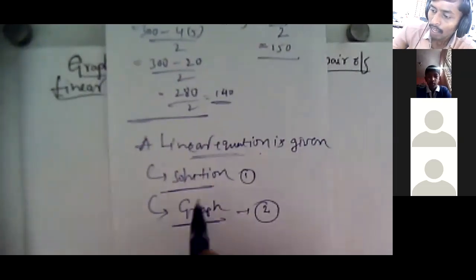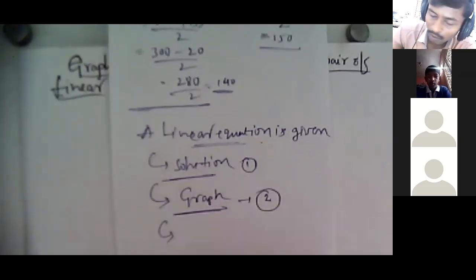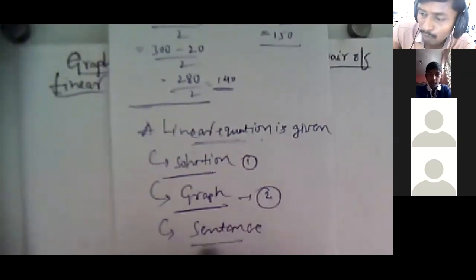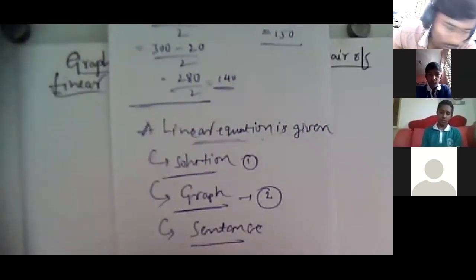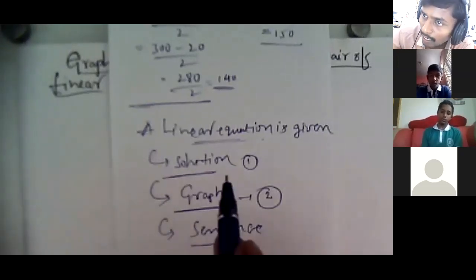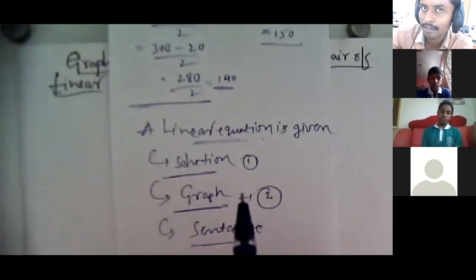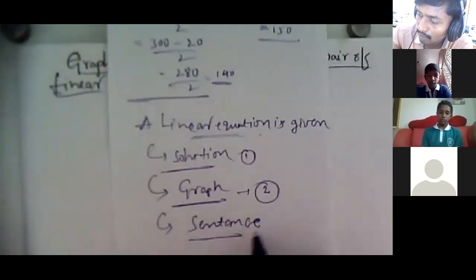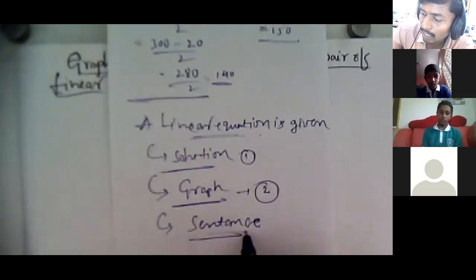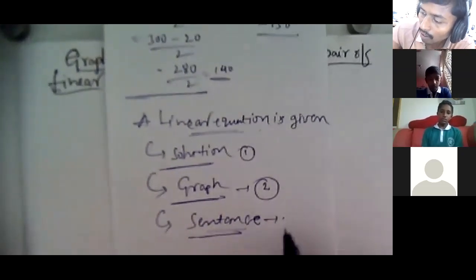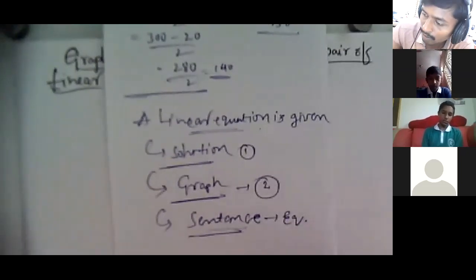And in the third case, sentence problems are given, like Akila goes to a fair and the apple and grape problem. By reading the sentence, we construct the algebraic equations.